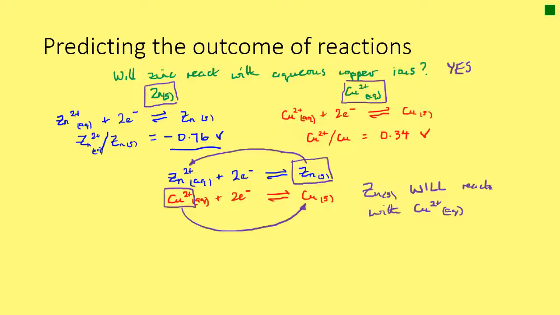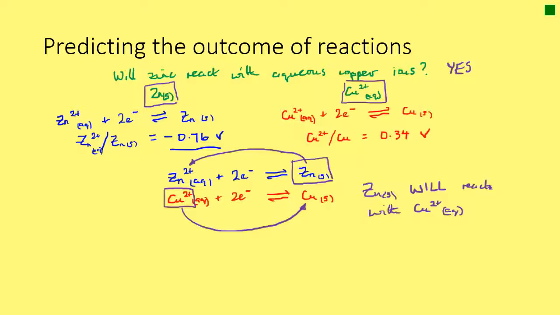You can see that this will react. Zinc solid will react with copper ions. So yes is the answer to this question.